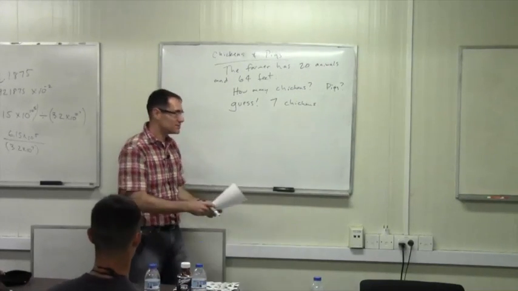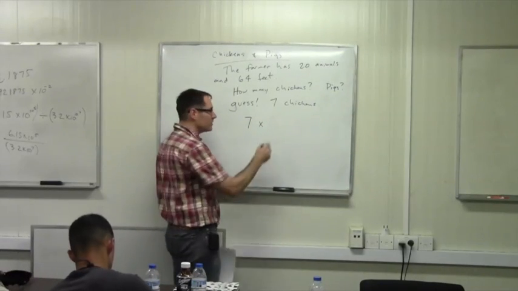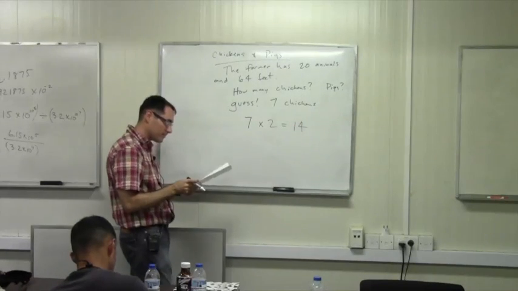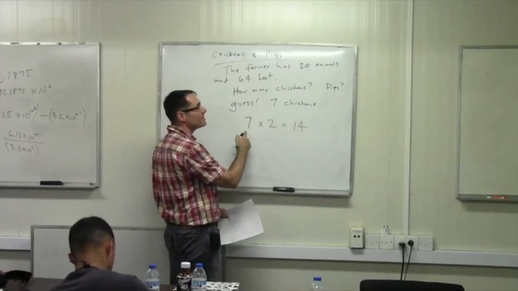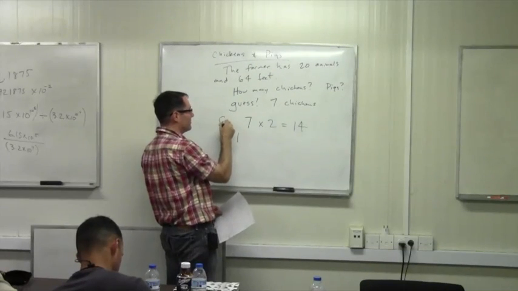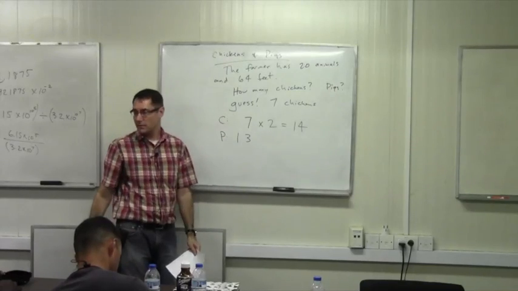If he has 7 chickens, how many feet per chicken? 2. That gives you how many feet total? 14. OK? If he has 7 chickens and there are 20 total animals, how many pigs does he have? How about 13?